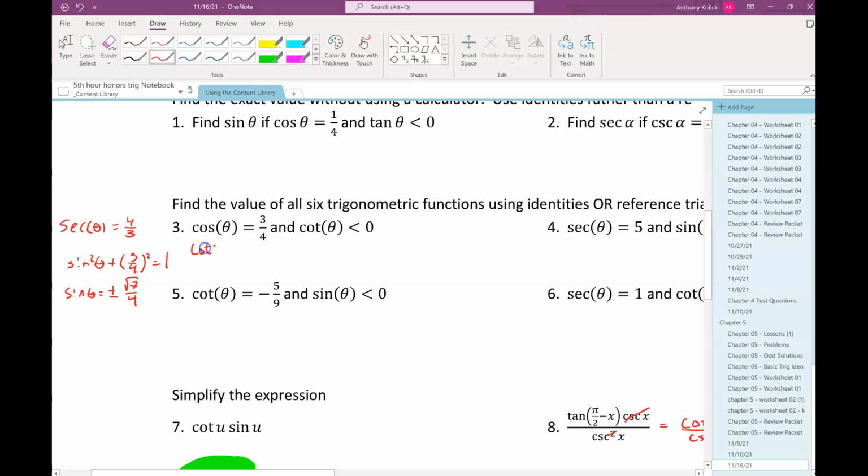So I know that cotangent theta is cosine, which is positive, over sine. Maybe I'll just write it.